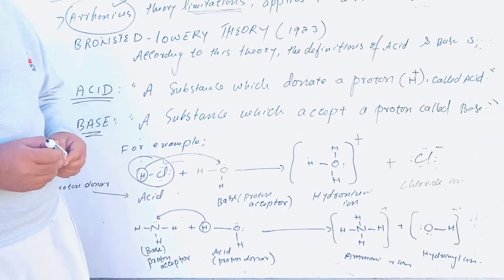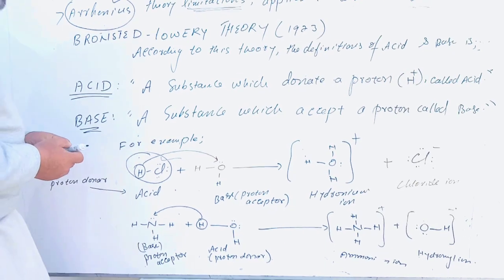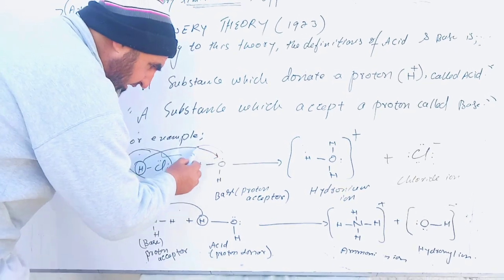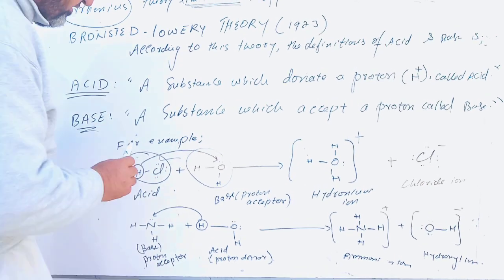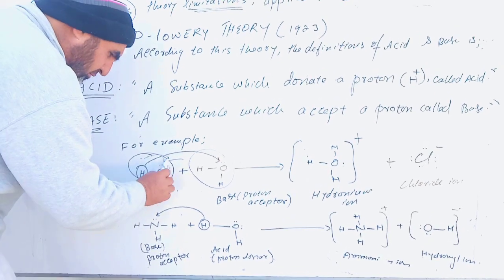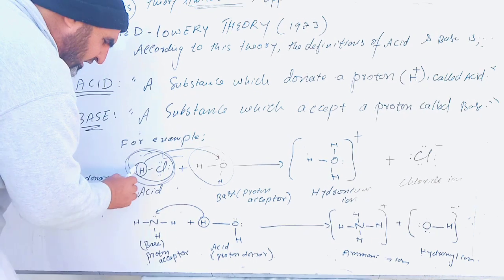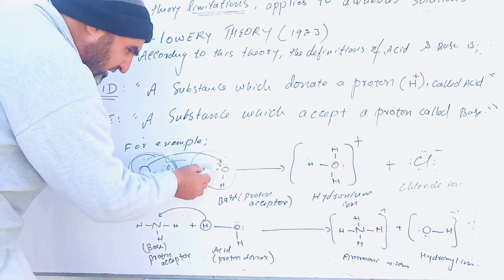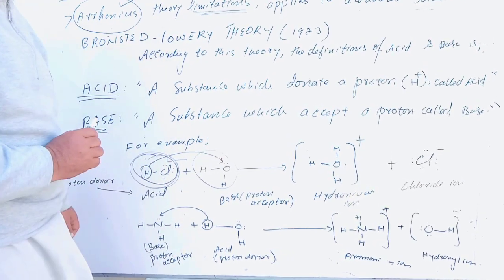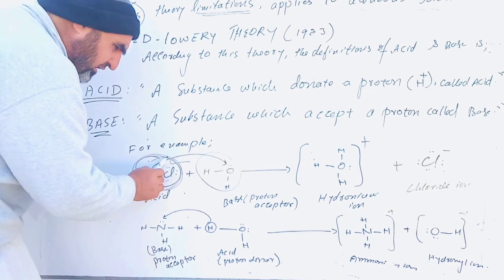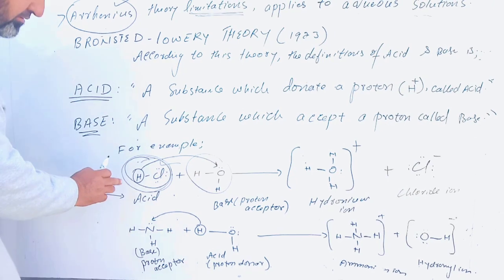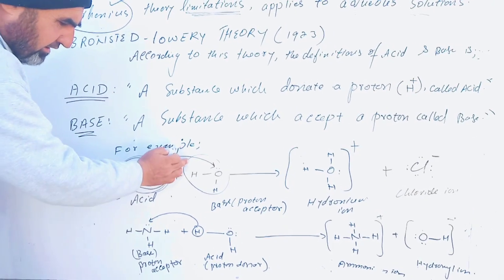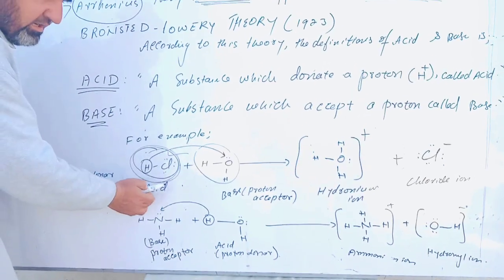When HCl is dissolved in water, HCl gives H+ to the water molecule. It means that HCl is a proton donor, and a substance which donates a proton is an acid.